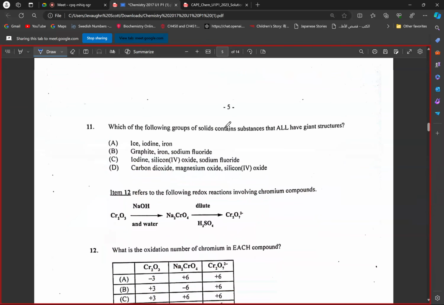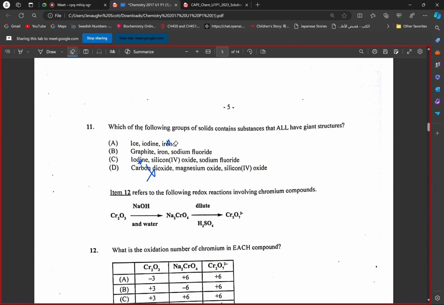Which of the following groups of solids contain substances that all have giant structures? Is iron one? So it can be carbon dioxide, generally not iodine.